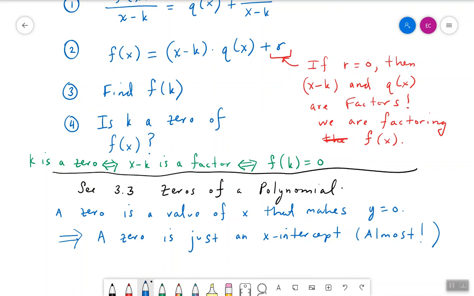And that is that an x-intercept has to be a real number and a zero does not. A zero can be a non-real number. So just like when we were solving quadratic equations way back in chapter 1, sometimes the solutions were real, and so then those are x-intercepts on the graph, and sometimes they're not real, and then of course they're not x-intercepts, they don't show up on the graph.